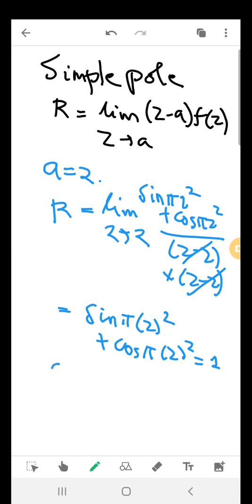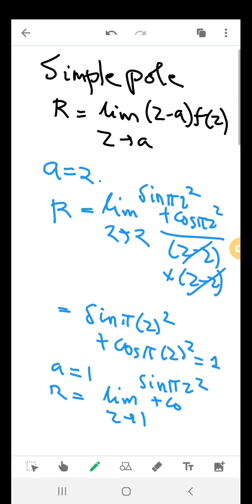Similarly, for the pole at 1, the residue will be the limit as z tends to 1 of (z minus 1) into sine pi z square plus cos pi z square divided by z minus 1.